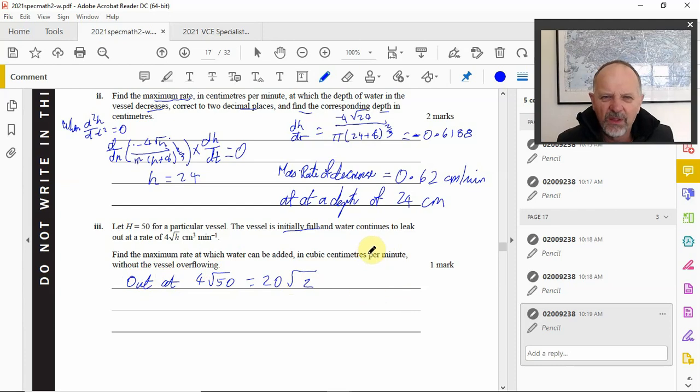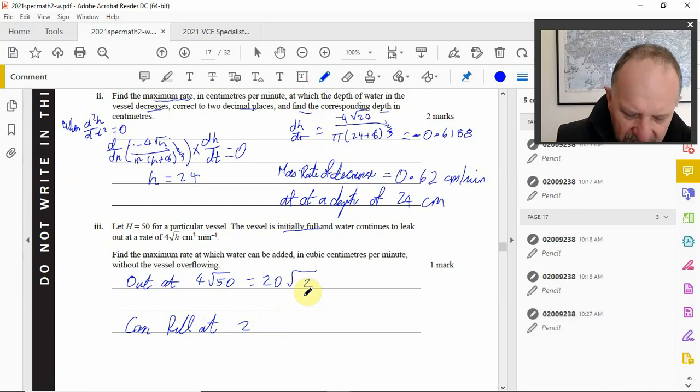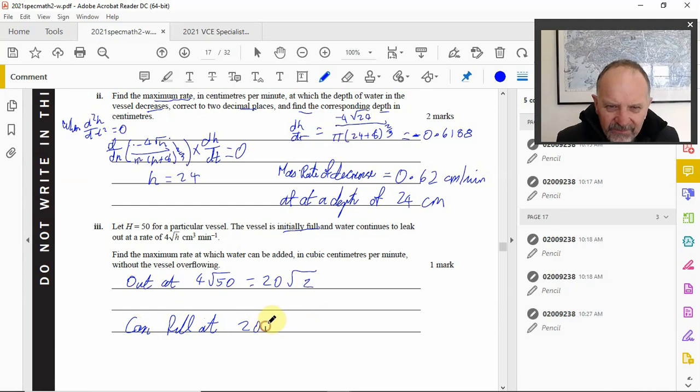Now, we want to put water in, but we don't want the vessel to overflow, but we want to keep it full. So if it's leaking out at that, then we can fill at 20 root 2 cubic centimetres, not metres, cubic centimetres per minute.